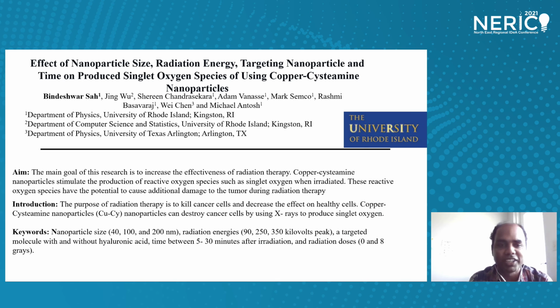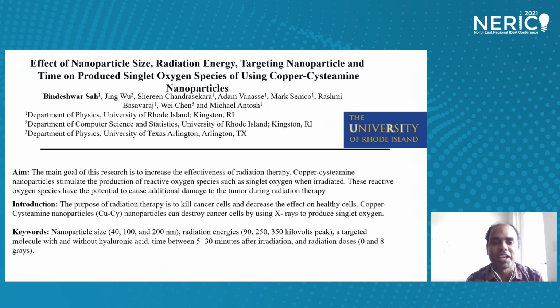So we have used 14 nanometer, 100 nanometer, and 200 nanometer copper cysteamine nanoparticle and radiation energy of 90, 250, and 350. And also we are using the same nanoparticle with the targeted molecule, hyaluronic acid.